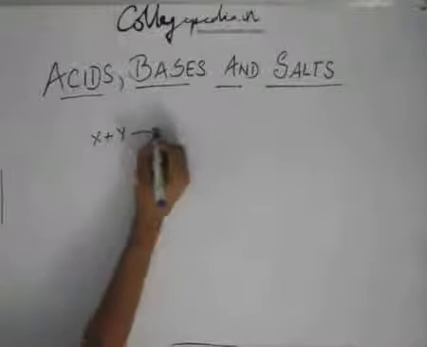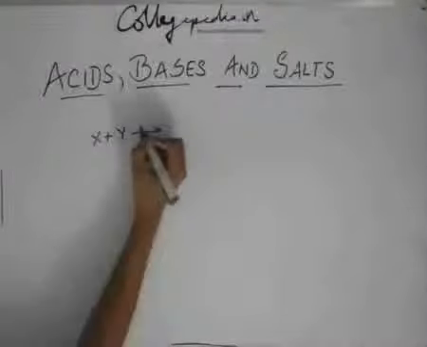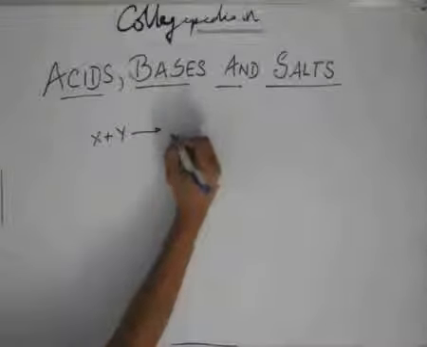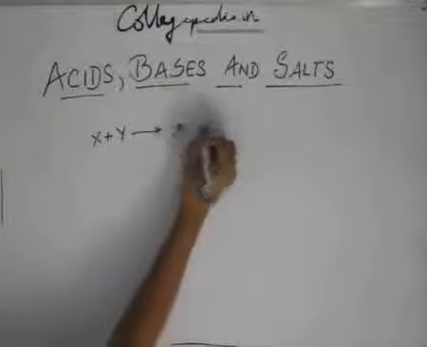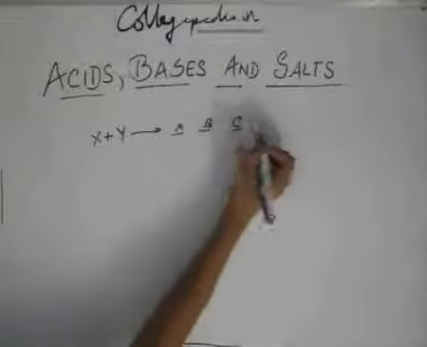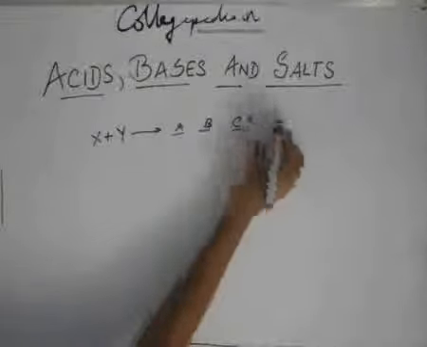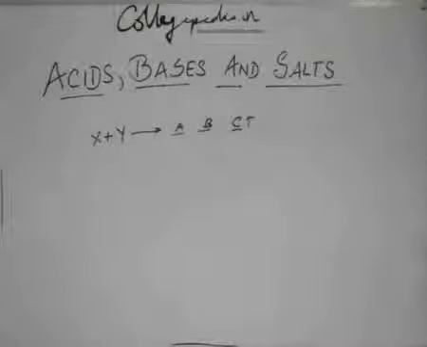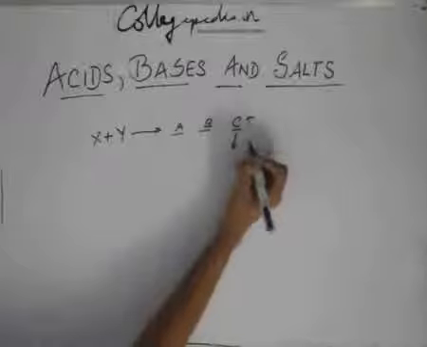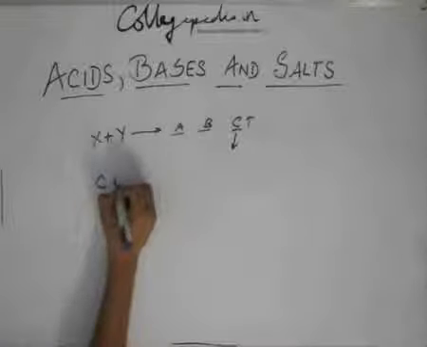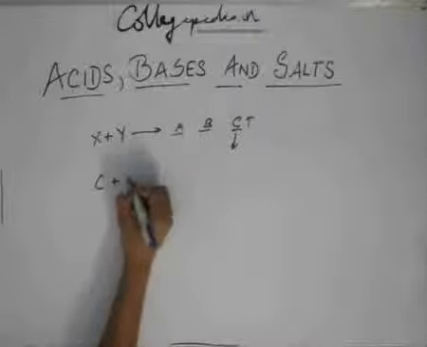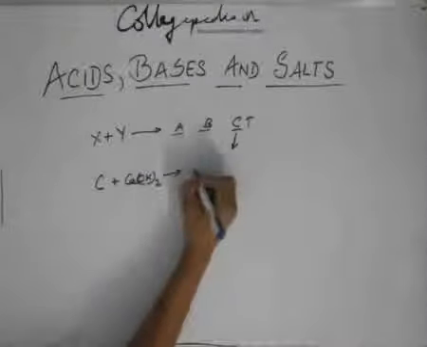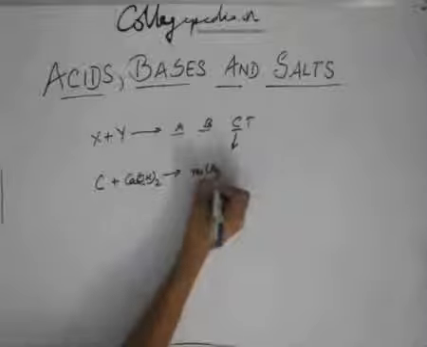X plus Y, suppose this X plus Y gives three products A, B, C, out of which C is a gas. Okay, and C, when passed through lime water, it will turn it milky.